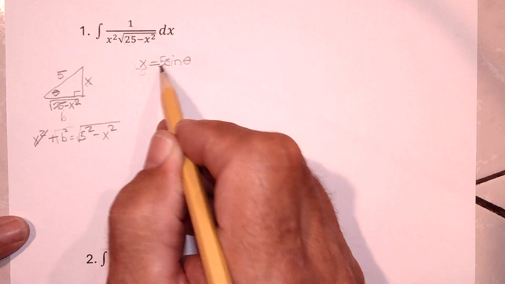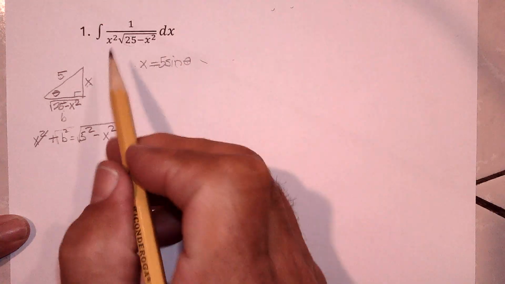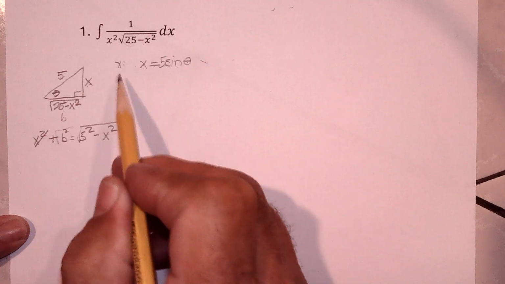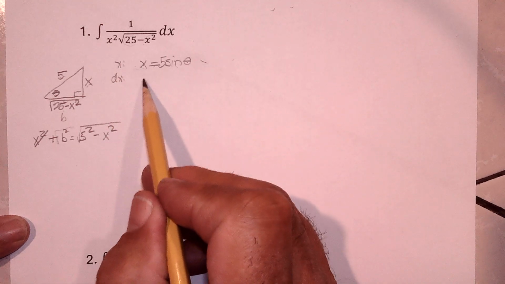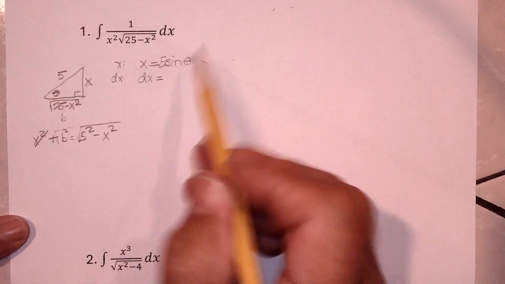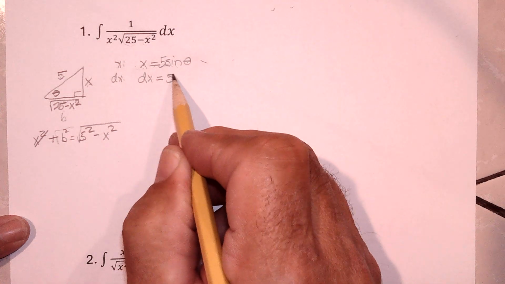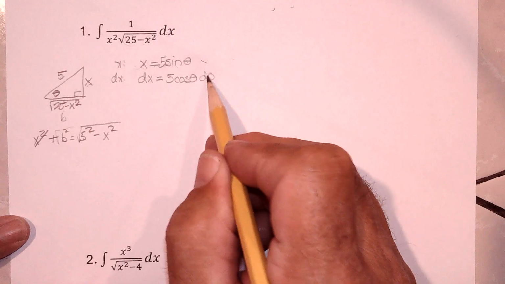So I get x equals 5 sine theta. That's figuring out what x is, then figure out what dx is. So I take the derivative, and I get dx equals 5 cosine theta d theta.